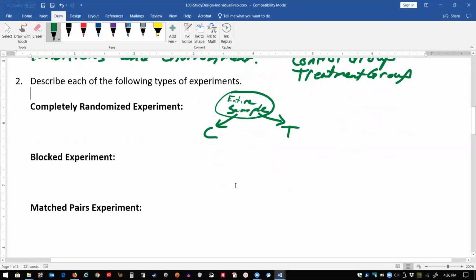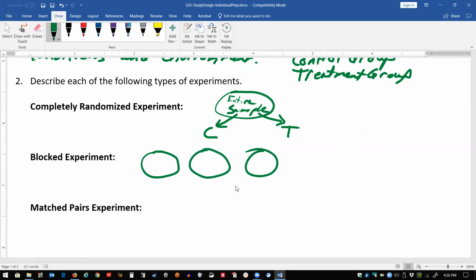As we jump to the next one, a blocked experiment is different in that you break the sample up into subgroups. Group 1, Group 2, Group 3, okay? So maybe you're grouping them by their past performance levels in classes, or maybe by their GPA, right?